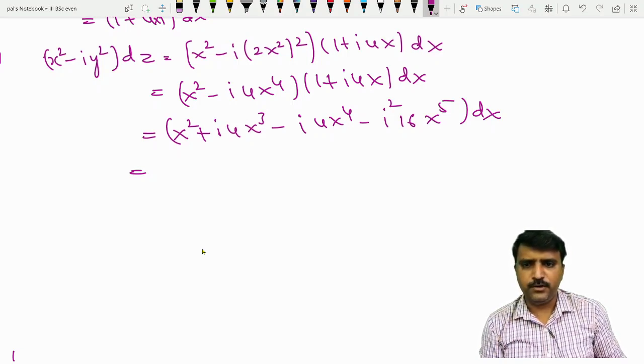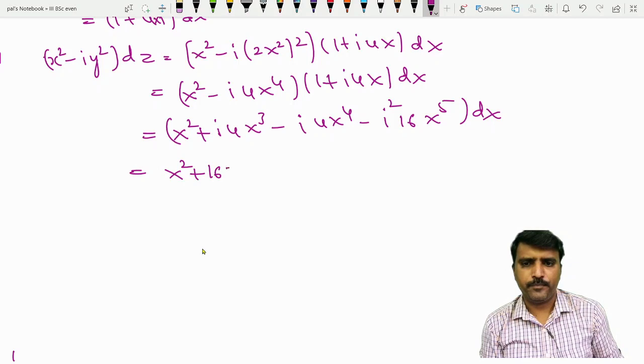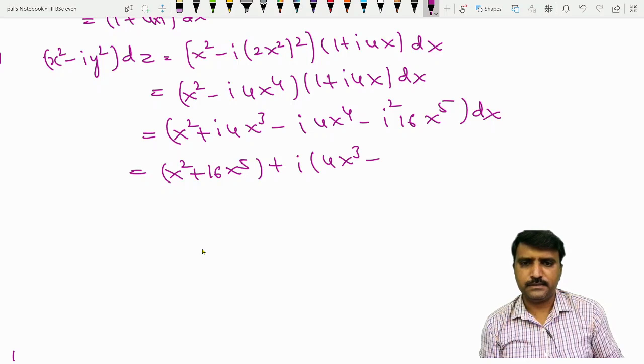First you write the real part: x square, i square is minus 1, minus of minus becomes plus, plus 16x to the power 5. So 16x to the power 5, this is the real part. Next you write the imaginary part, so here you write i into 4x cube minus 4x to the power 4, this into dx.